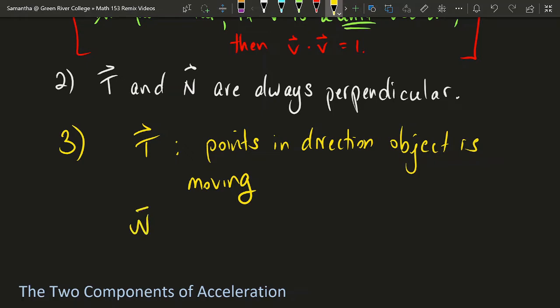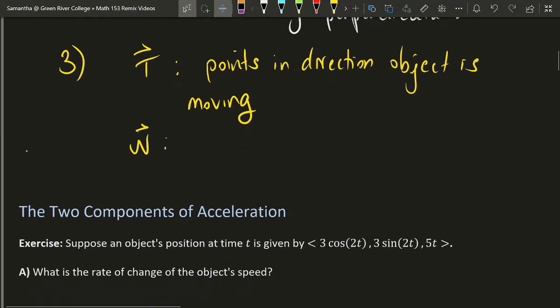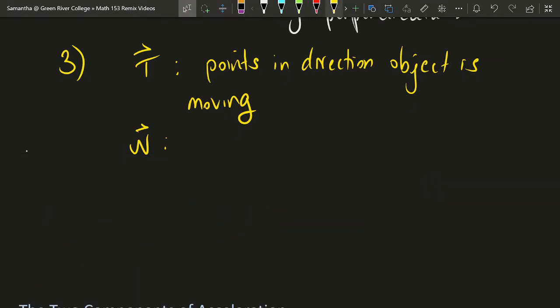Where does the unit normal vector point? The unit normal vector points at a right angle to t, and the direction of the normal vector is in the direction that the object is turning.